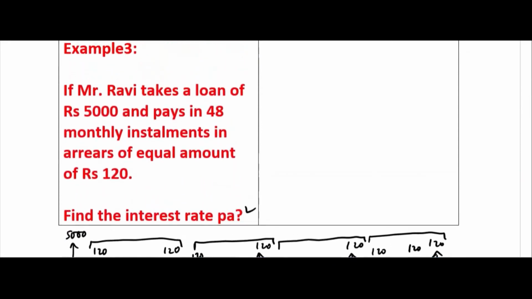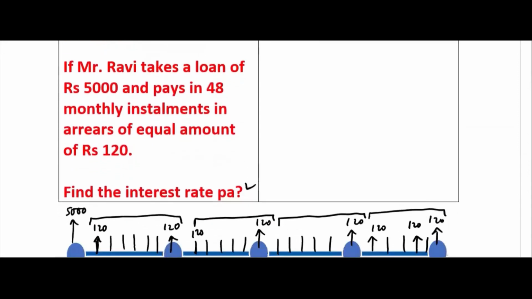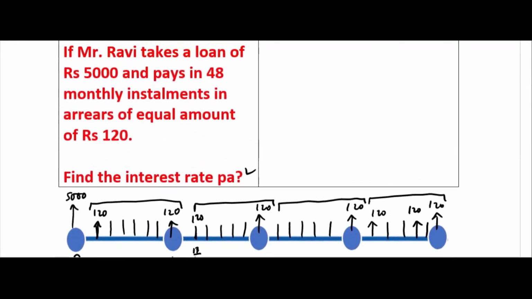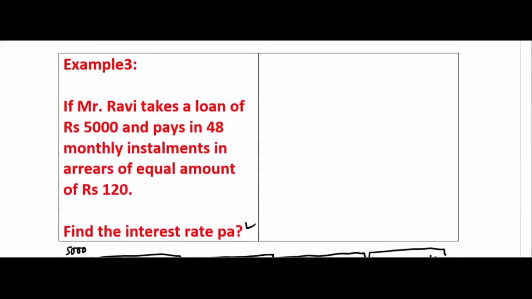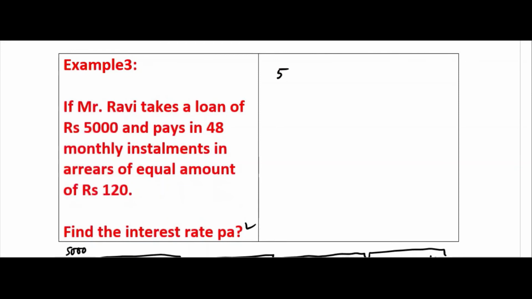So one way is, if you take your period 1 month, okay, then what will happen? 48 I have, so I can directly write an annuity 120 A48, okay, that will be equal to, let me write properly, 5,000 is equal to 120 A48, okay.